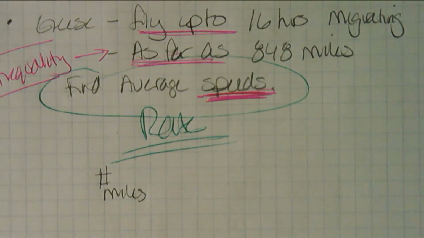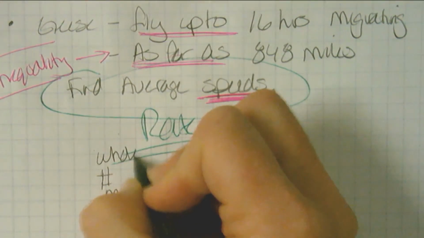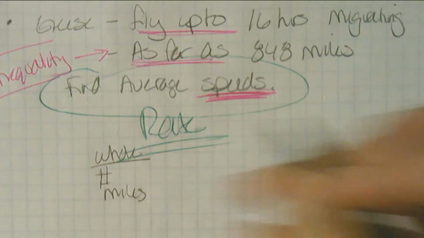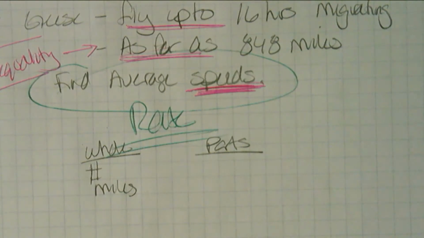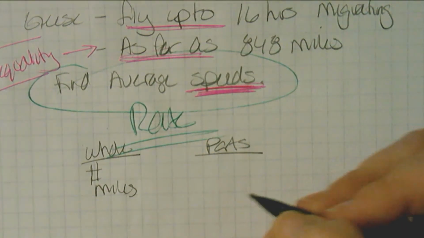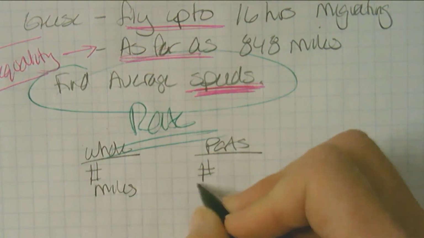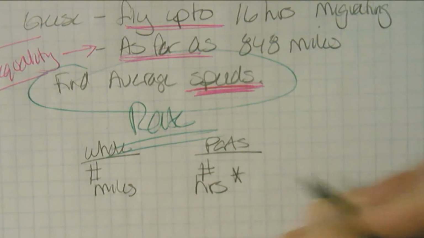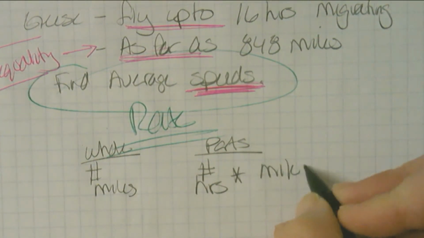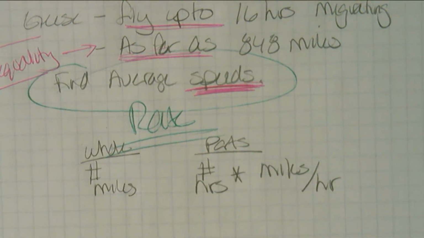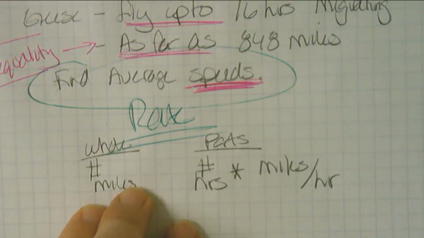Number of miles traveled, that's going to be my whole, right? Do you agree with that? Excellent. What are my parts? How do I find the miles traveled, Cameron? So number of hours times, yep, so miles per hour. So there are my parts, there is my whole.